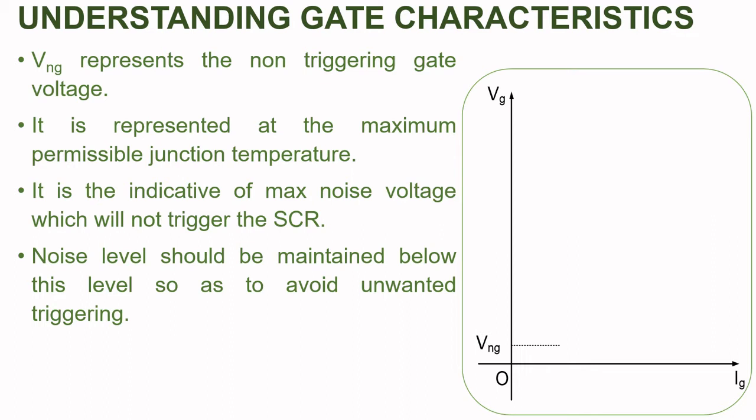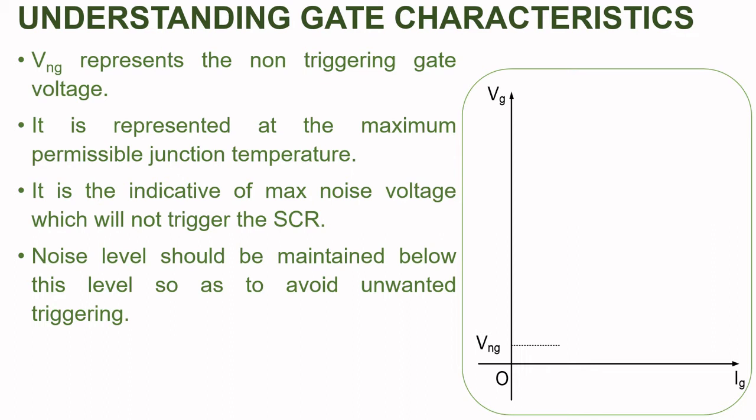This voltage indicates the maximum noise voltage which will not trigger the SCR. That means whenever we are designing the gate circuit, we have to make sure that our noise voltage is maintained below the voltage level of VNG.